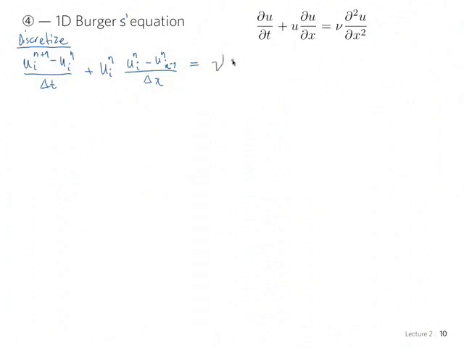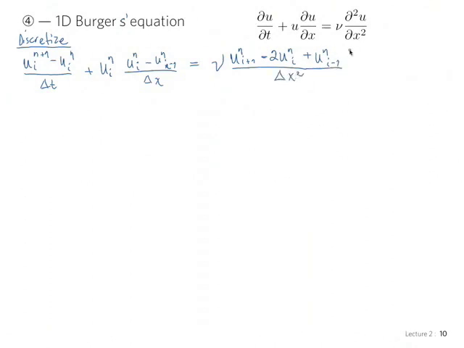So nu, and we're going to write our central difference as u_{i+1}^n minus 2 u_i^n in the middle, plus u_{i-1}^n divided by delta x squared.